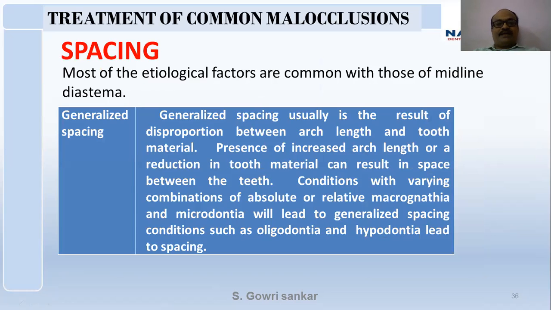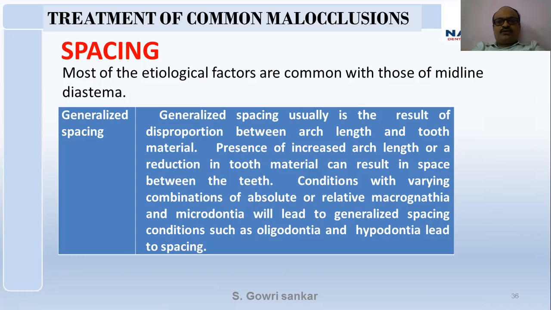Next comes the spacing. Spacing is very similar. We have discussed localized spacing in diastema. A generalized spacing is an overall picture of what midline diastema presents. So almost the etiological agents are the same as those discussed for midline diastema. There are two types of spacings in the arch. One is generalized spacing.